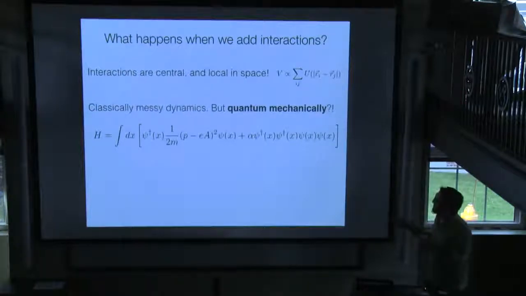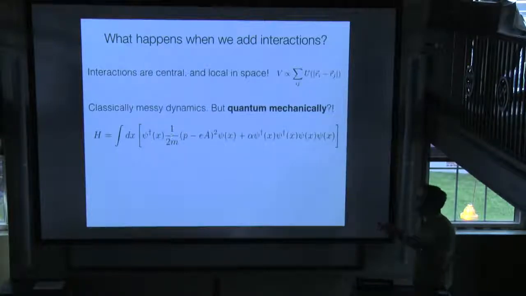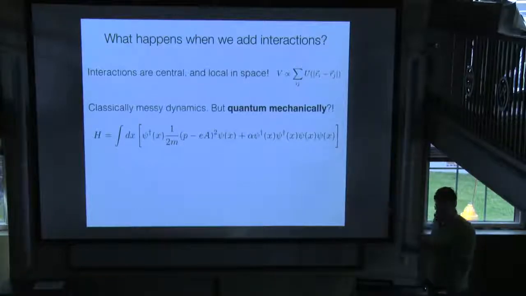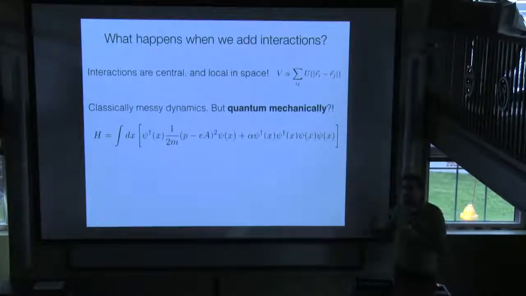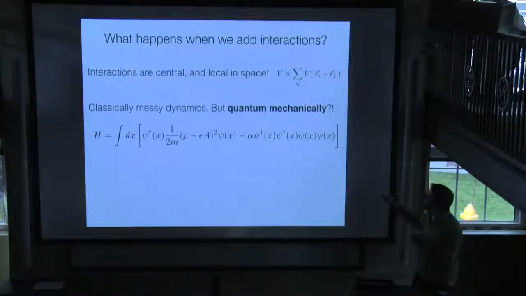Well, now you can create field operators for your particles if you want to work in a second quantized notation. And you can say each one of the particles that I can create has this single particle Hamiltonian, which gave me those Landau levels. And then I also have contact interactions. Okay? So for people who come from the optical lattice side, this is a familiar picture.